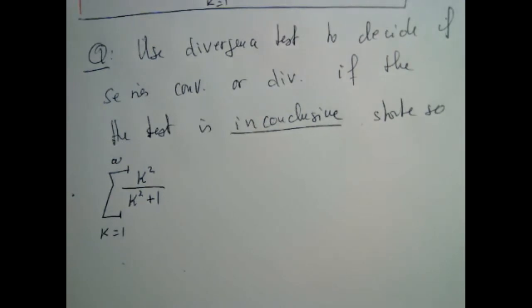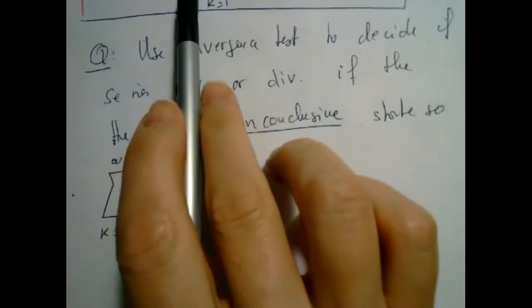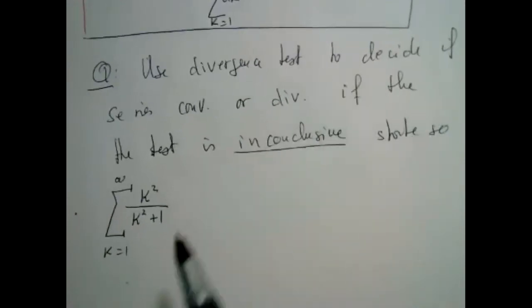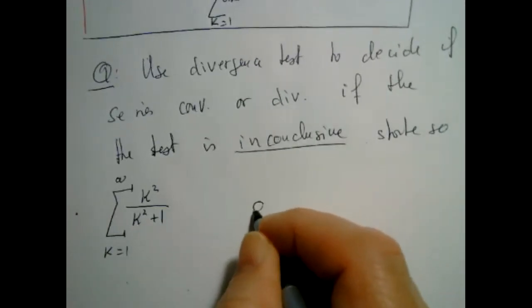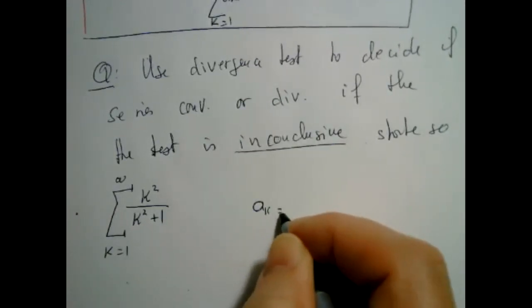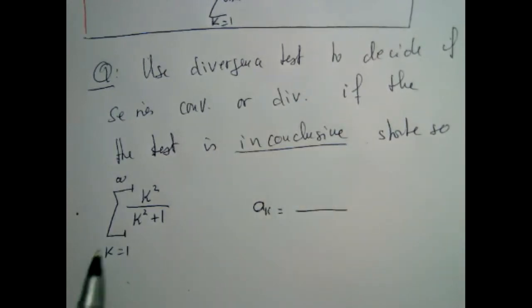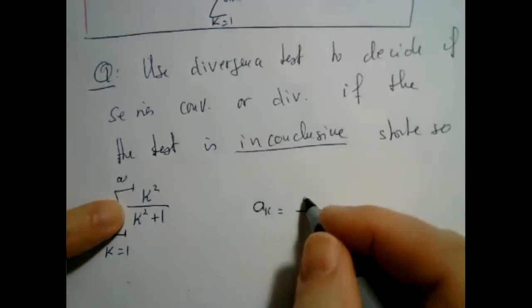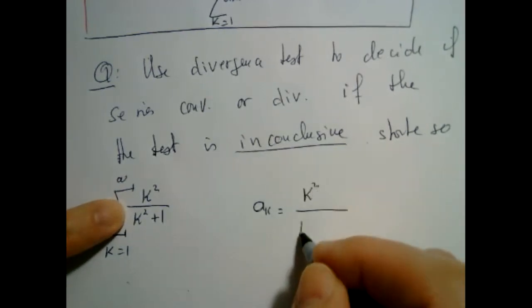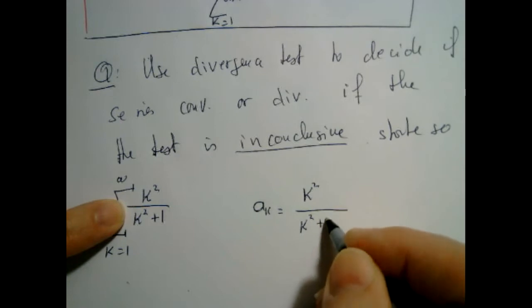I want you to use the divergence test. It means I want you to look at the a_k. So what is the a_k in this problem? It means what type of term are we adding? Here, in the series, what's the a_k? It means we're adding those types of terms.